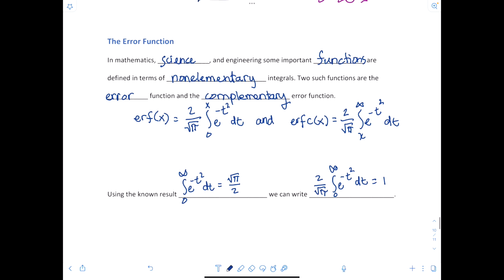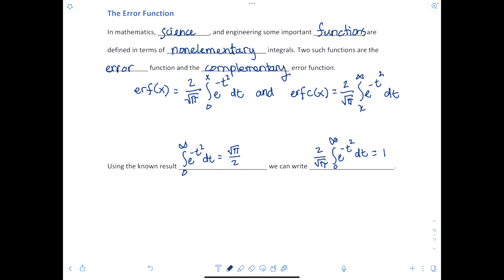So now what we want to do is break this integral up. Remember that you can break integrals up somewhere in the center that's defined.